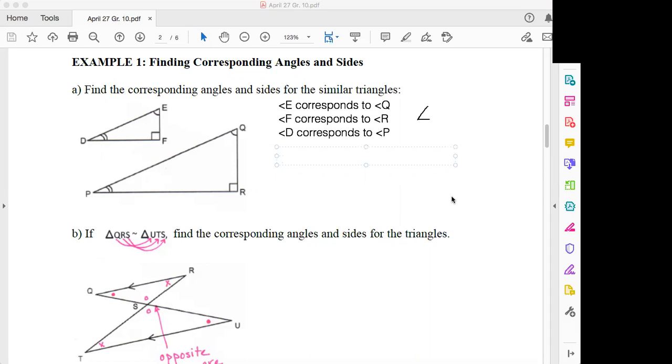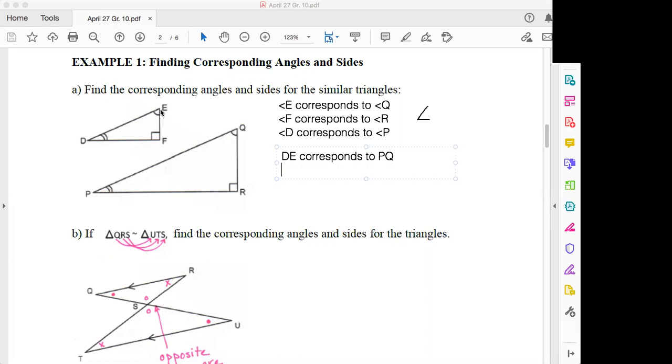Now, they want you to find the corresponding sides of the triangles, meaning this side is going to be similar to this side length here. The way that we write those is you do your 2 letters between the line that you're using. So D and E for this line here, our hypotenuse in this case, is going to correspond to P and Q. So it corresponds to PQ.